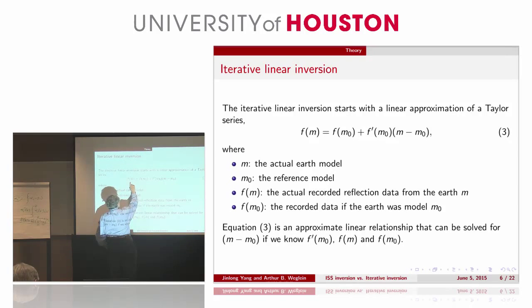If you have your actual data and your reference data, you can invert this and get estimates of that difference. So that is a linear relationship. That relationship is approximate because you truncate it.